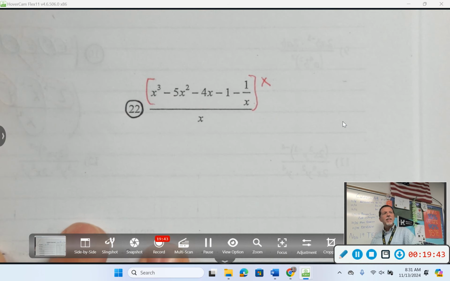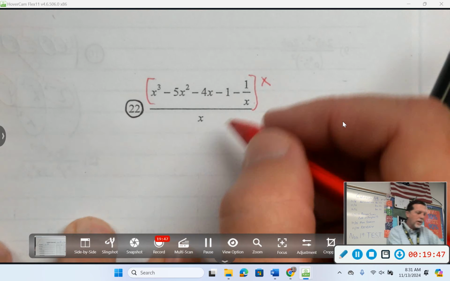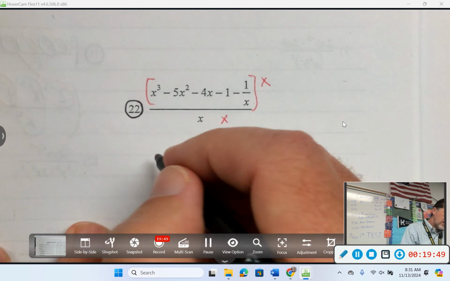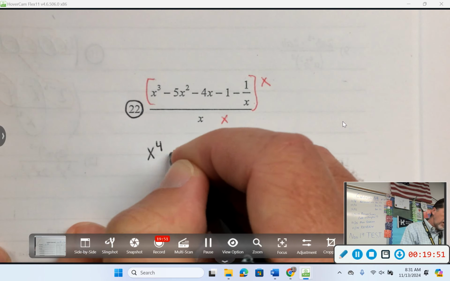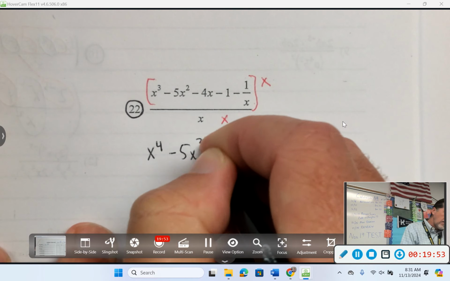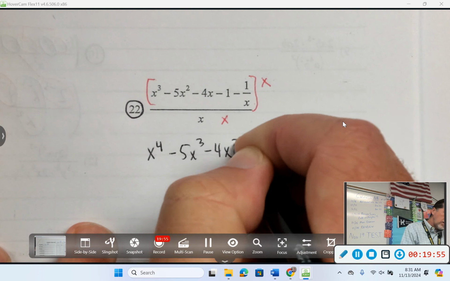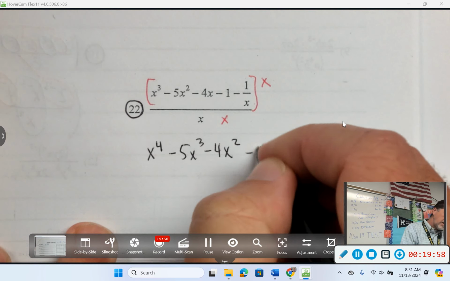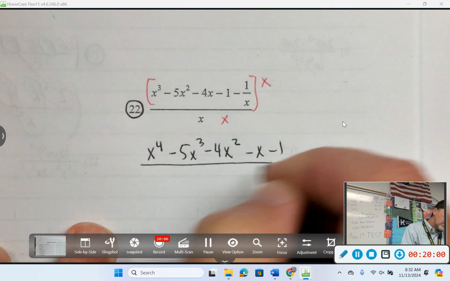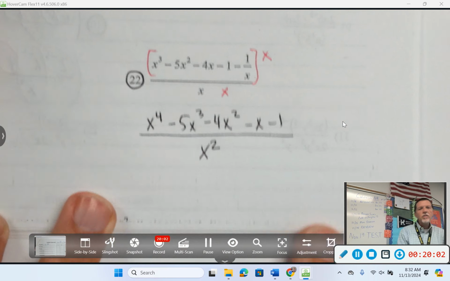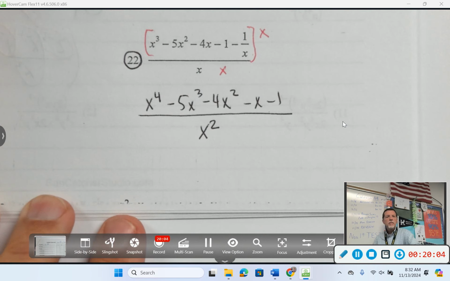That'll fix that. But what else would I have to do? Multiply the bottom by x. That'd be x squared. So x to the 4th minus 5x cubed minus 4x squared minus x minus 1, over x squared. Start combining.